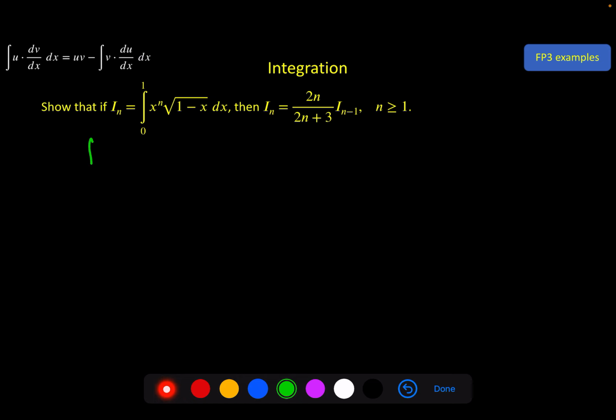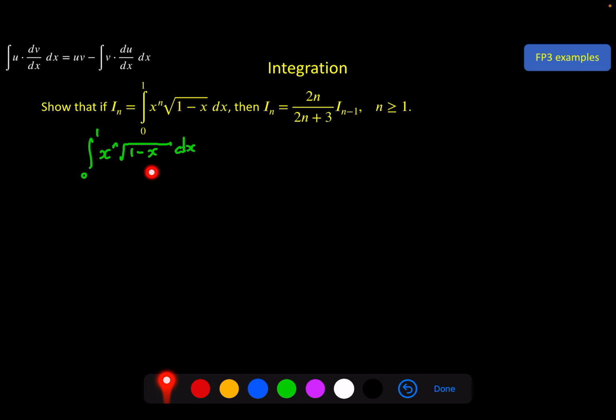So if we start with the integral from 0 to 1 of x to the n, square root of 1 minus x, dx. Now here, if it's fairly obvious that you can use integration by parts, go for it, because most of the time that will be a good starting point.